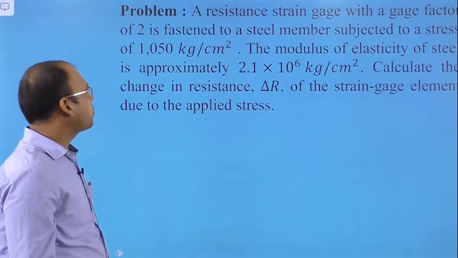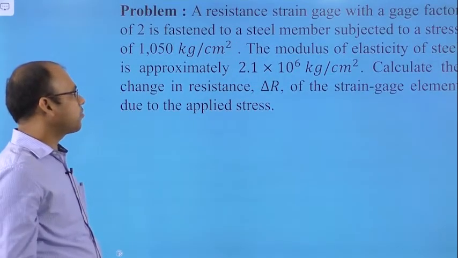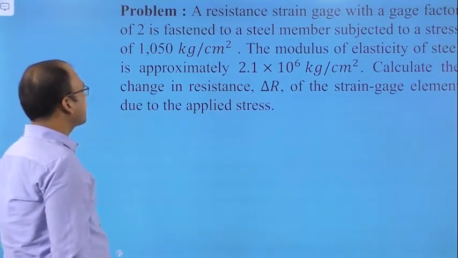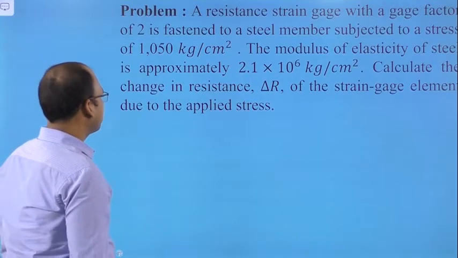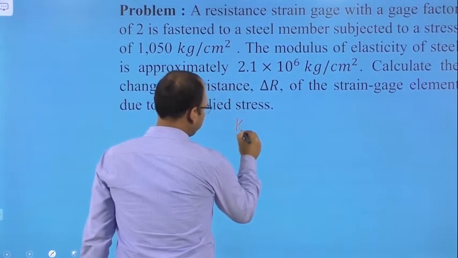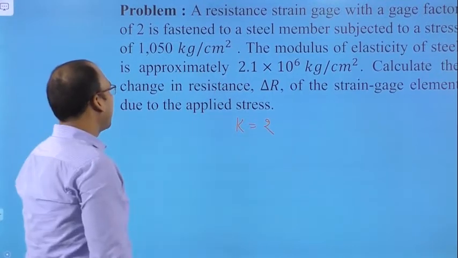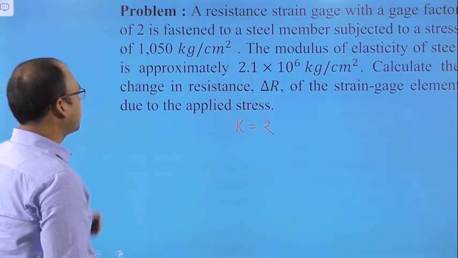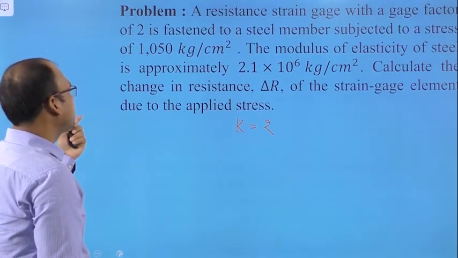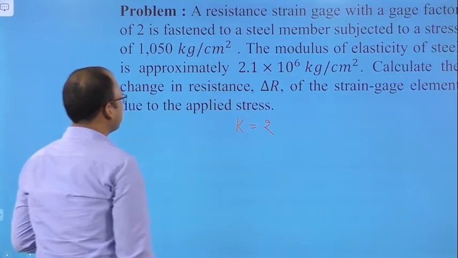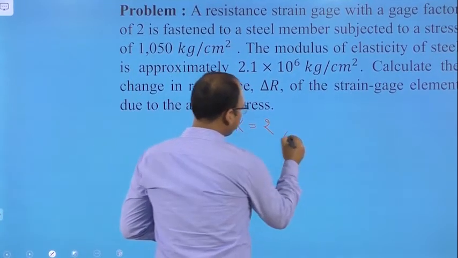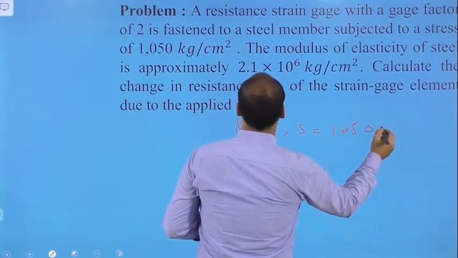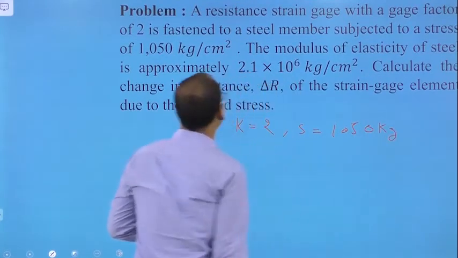So S is the stress, whose unit is kilogram per centimeter square, right? So we have one problem here. The gauge factor of the resistance strain gauge is given. It means that K is given, K is equal to 2, and it is fastened to steel subjected to a stress of 1050 kilogram per centimeter square. It means that S is also given: 1050 kilogram per centimeter square.